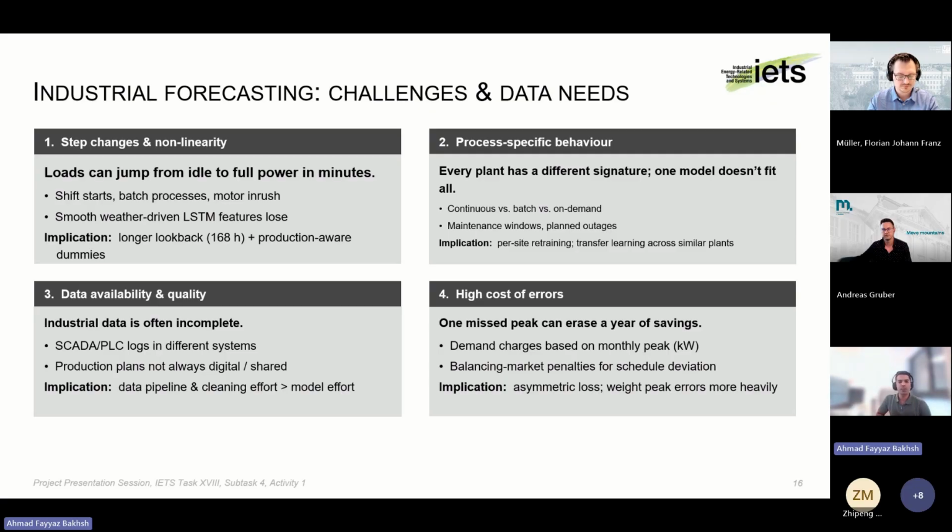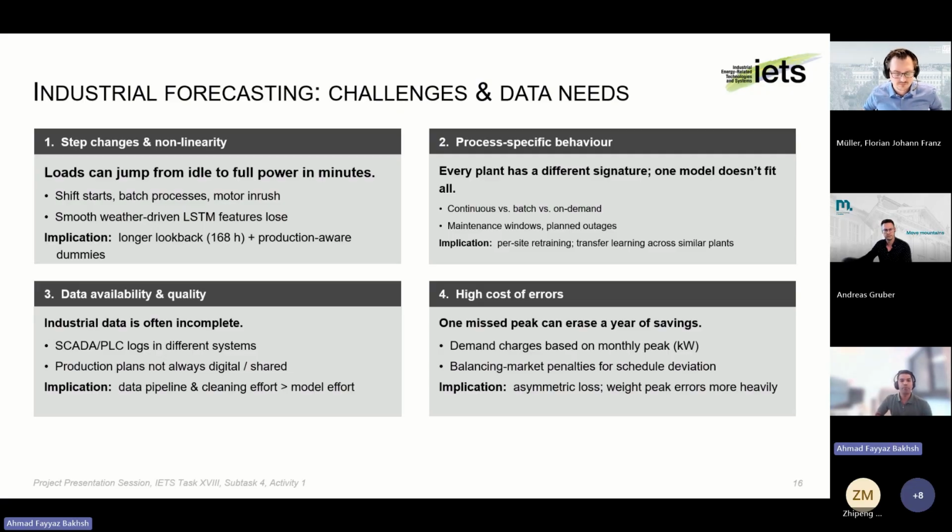We need it not only for the process itself, but also inside the company or the plant for the workers, for their heating and cooling as well. So different plants, different purposes, different models should be trained.